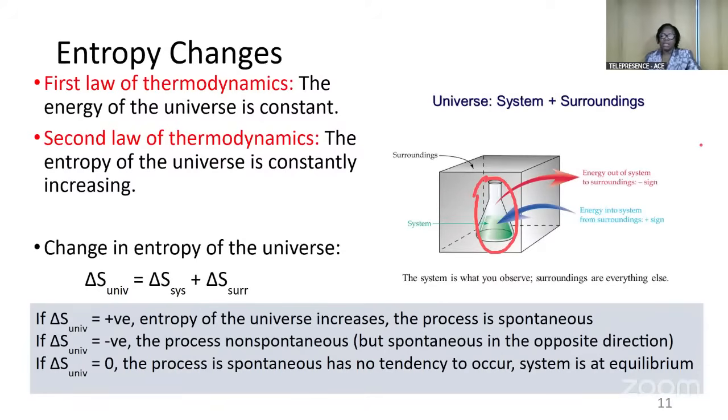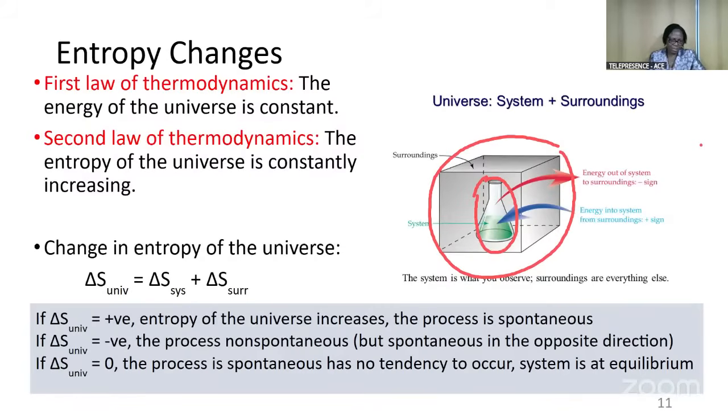Everything in it, that is where the change in chemical process is taking place, is the system. However, everything else around it is the surrounding. In the course of time, energy can flow into that system or energy can flow out, depending on the environment or the surrounding that you create for that universe.